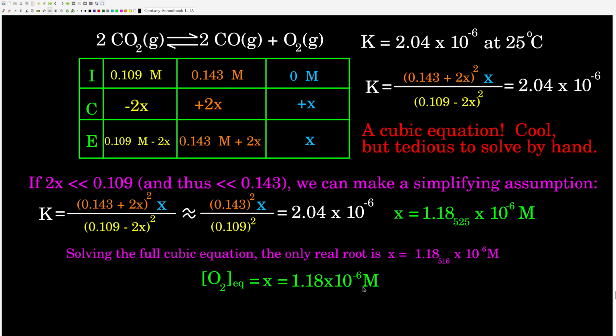If you start with an equilibrium with a fairly large K, right, a couple hundred, maybe a couple thousand, or even bigger, then we can use this same idea, but here's what we do. We start out with what we're given, and then assume that it goes to completion, because a large K essentially means the reaction goes to completion.